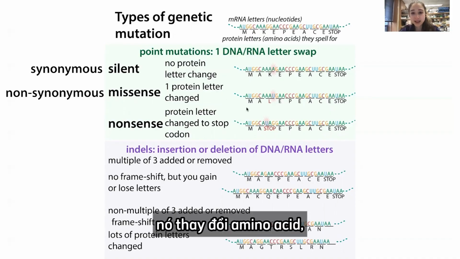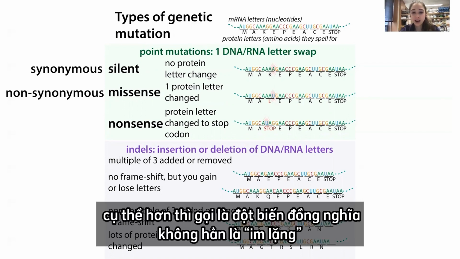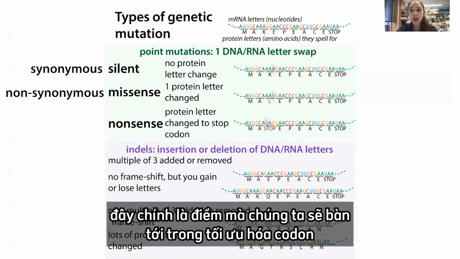Or it could be missense, where it's non-synonymous and changes the amino acid. More specifically, it would be a synonymous mutation, not necessarily silent, because there could be effects on the mRNA structure or how it's read, which we'll get into with codon optimization.